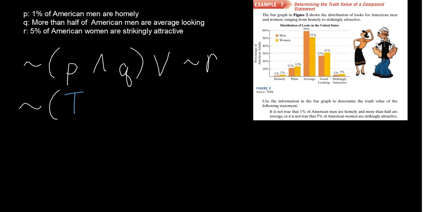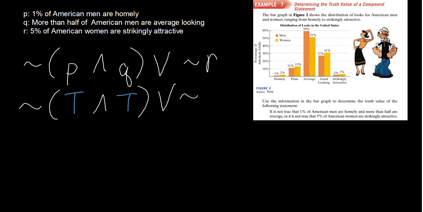Then we're going to have an and what? Q, more than half American men are average looking. So we're going to go over here to average looking. And again, 59% obviously is more than half, so this is also true. Okay. And then we see we have ourselves a tautology. Then we have or, and then not, and then R is 5% of American women are strikingly attractive.